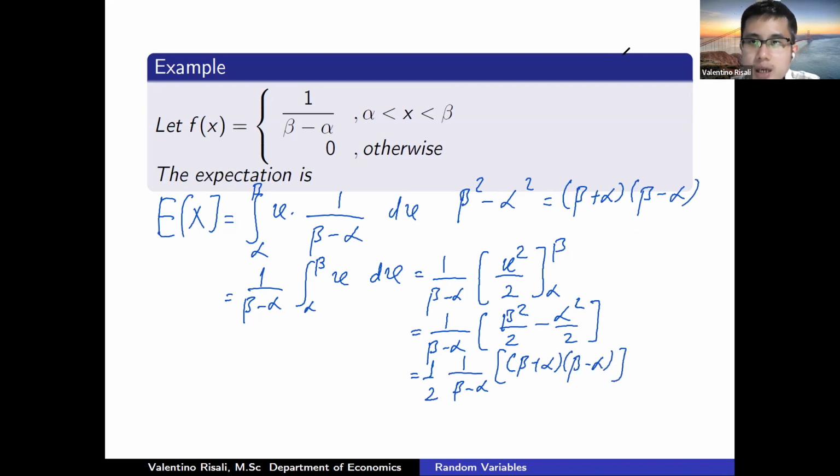So we simplify our computation to this expression. We cancel beta minus alpha, and we get the expectation is a half times beta plus alpha. Yeah, this is the expectation of our PDF.